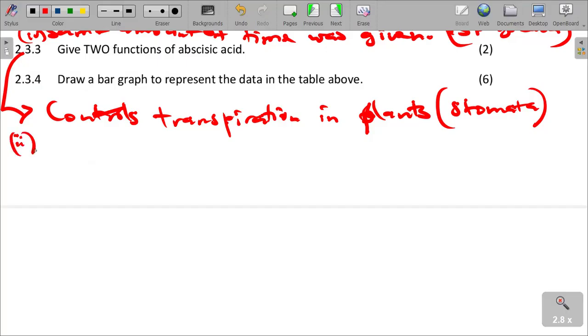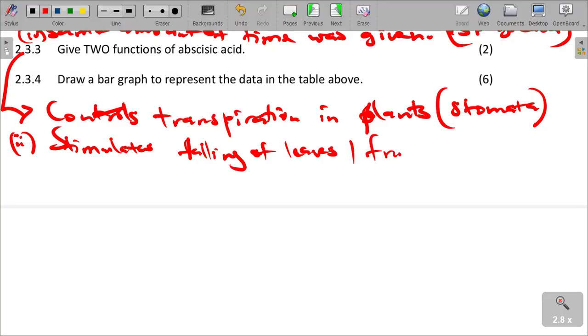It also stimulates the falling of leaves, or we can say fruits in some plants.